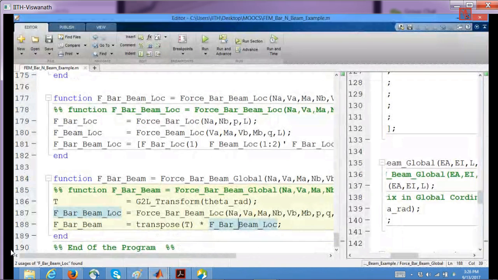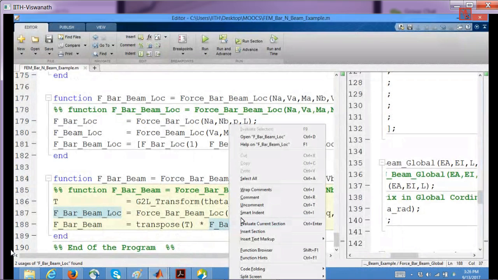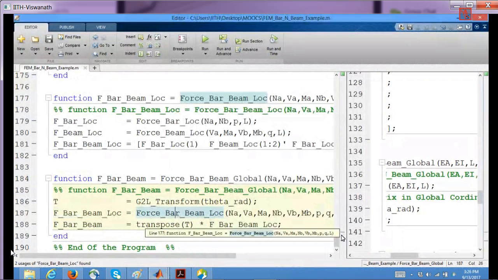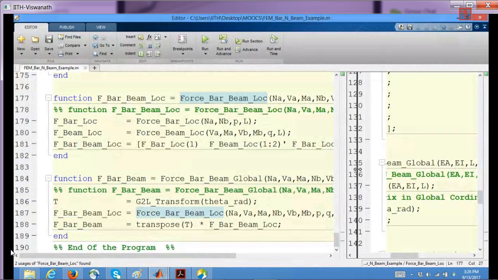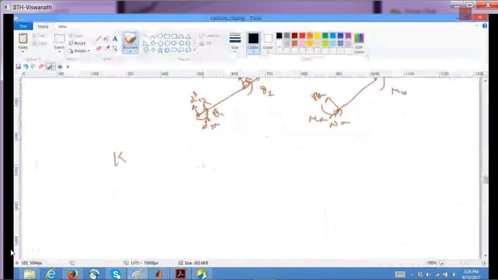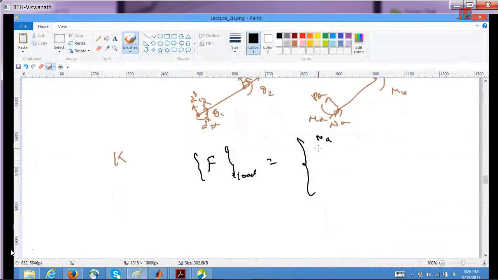If you know how the local has to be computed, for that we'll open how to compute the local things. In the local, F local comes from NA, VA, MA, NB, VB, and MB.